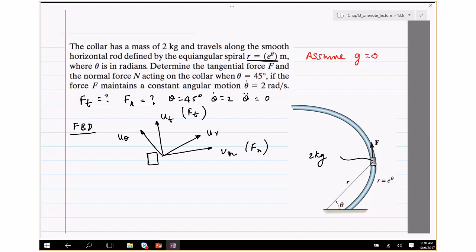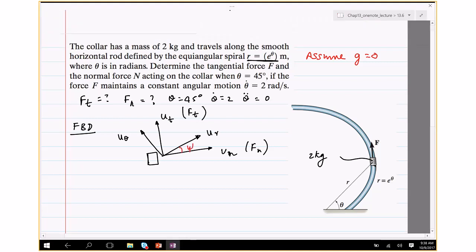So here is an example of what I talked about a little while back, which is if you're given r equals f of theta, but you're told to find forces in t and n, then there's a way you can resolve forces. You can find forces from the r to the n frame by finding this angle psi.